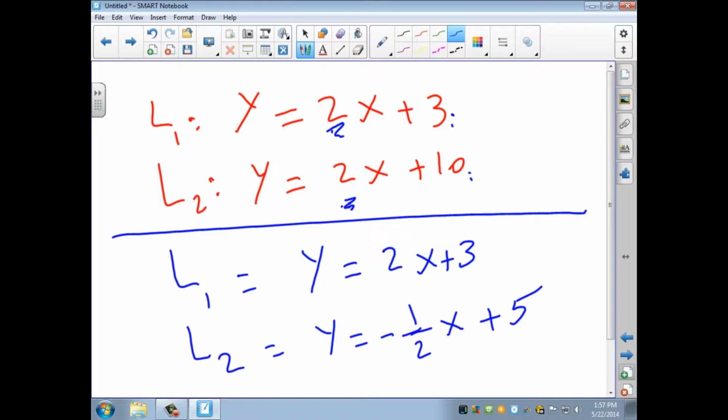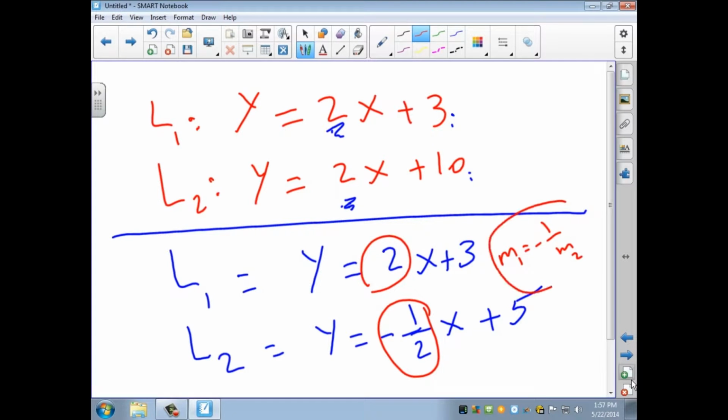If you look at the relationship between the slope of these two lines, between 2 and minus 1/2, that is what m1 equal minus 1 over m2 means. So these two lines would be perpendicular to each other.